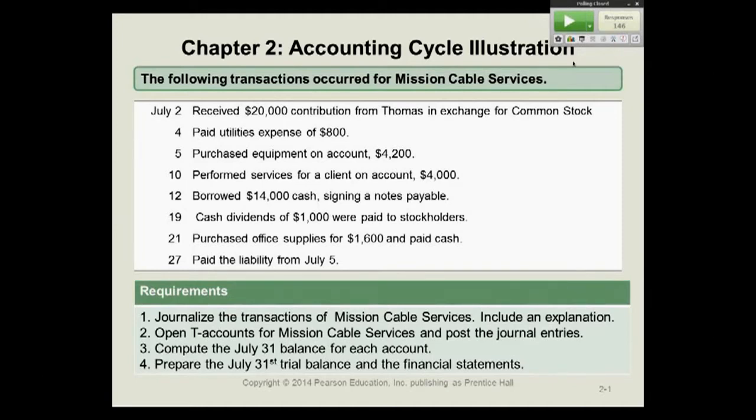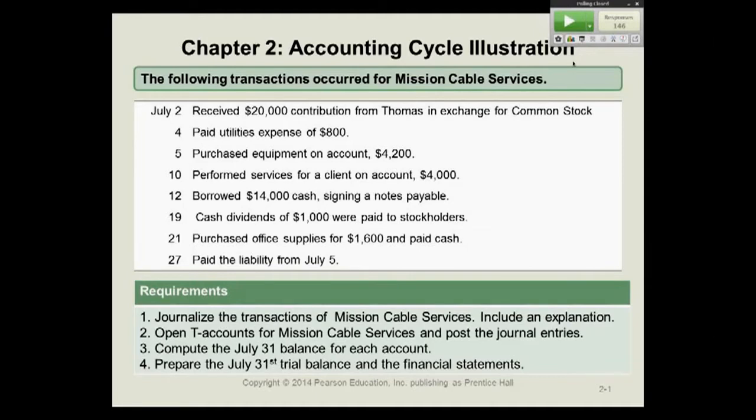Okay, so now you paid the liability from July 5. So July 5 is here, and it's a $2,400 liability. So how would you pay it off? Okay. And then on cash you debit. Very good. Yeah.